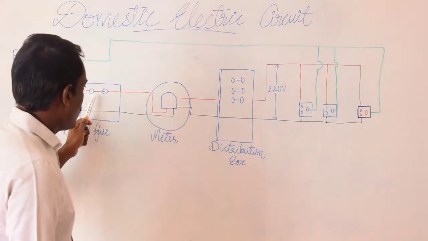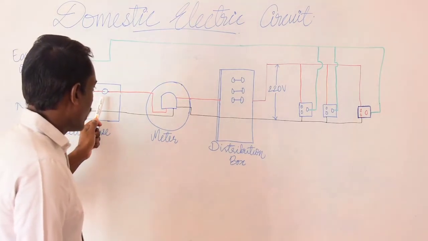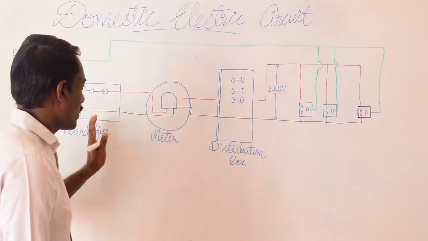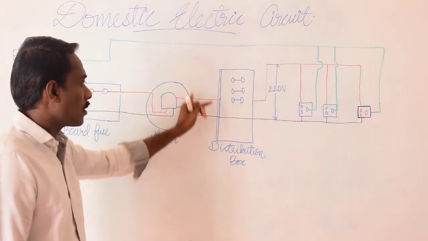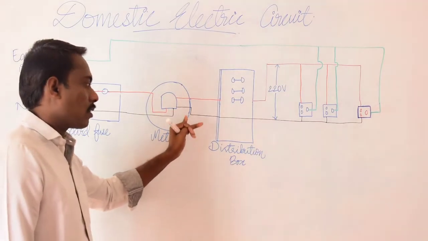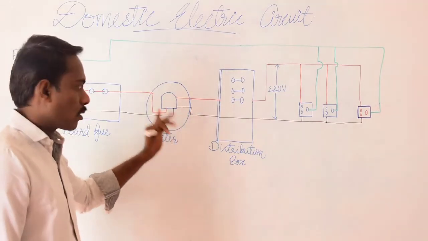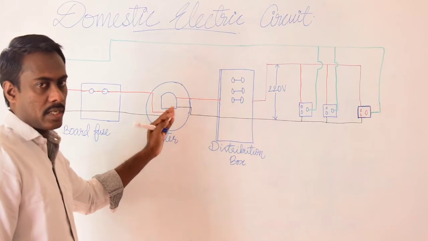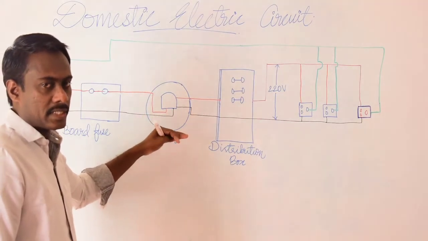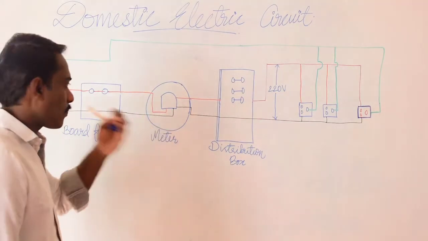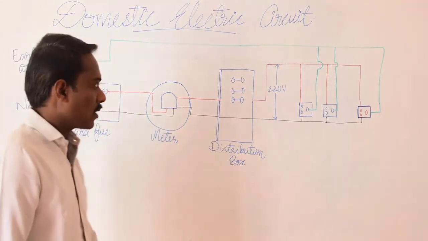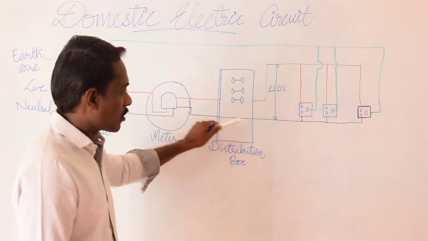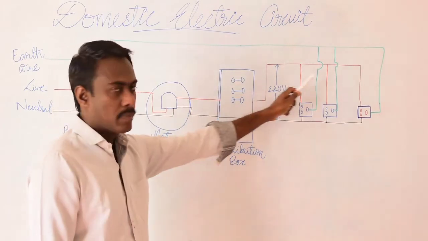This board fuse is then connected to an electricity meter in order to record how much electrical energy we have used in our homes. Then this meter is connected to a distribution box, and from this distribution box it is connected to various appliances in our home.